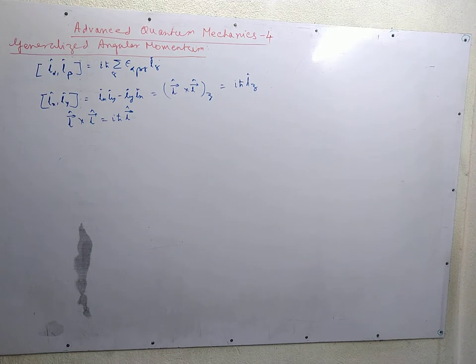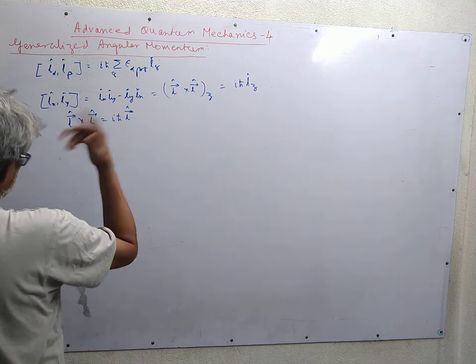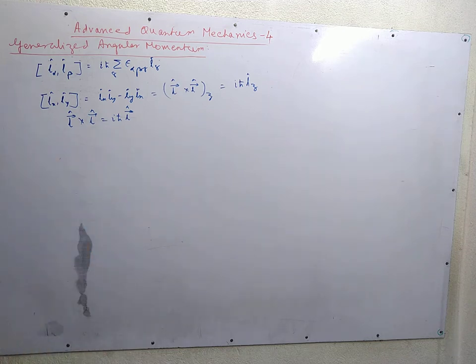So in the Heisenberg formalism of angular momentum, this relation is sufficient to find out the eigenvalues and eigenvectors of the orbital angular momentum operator.